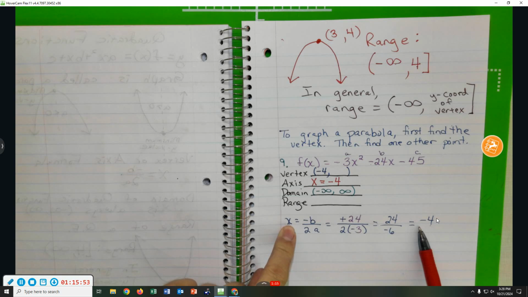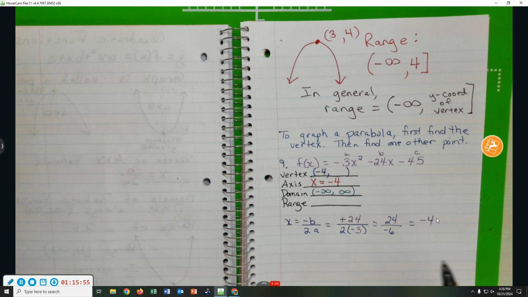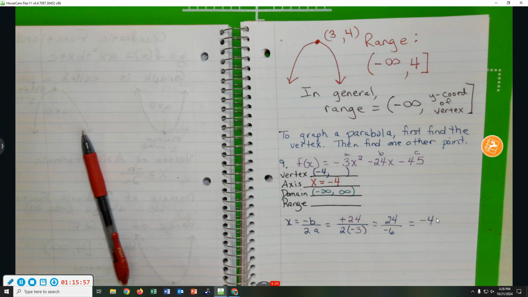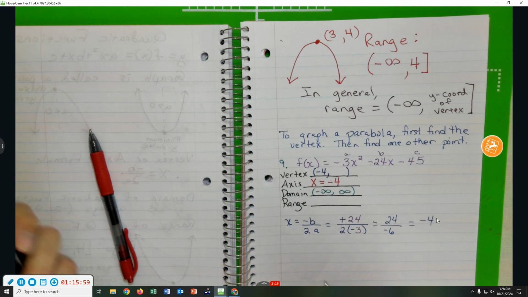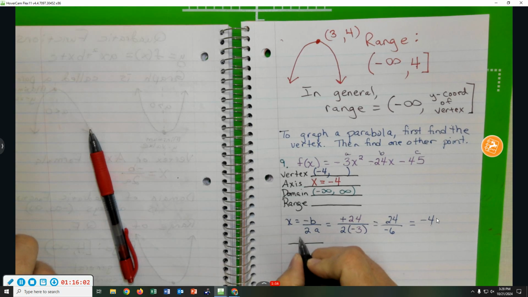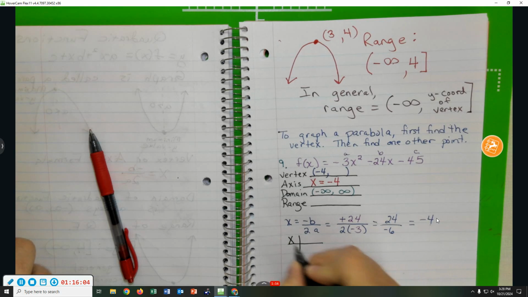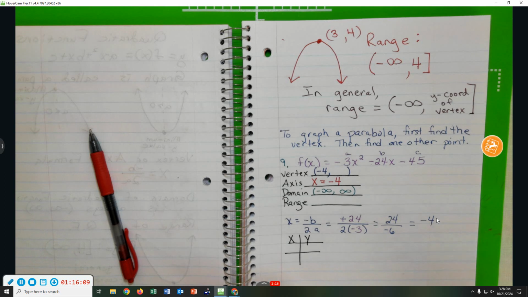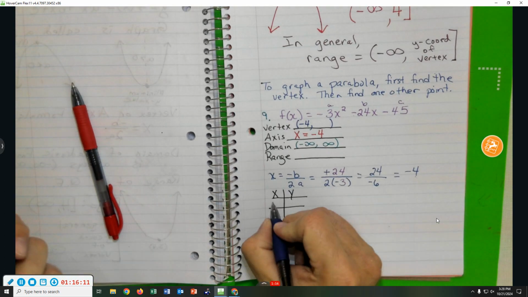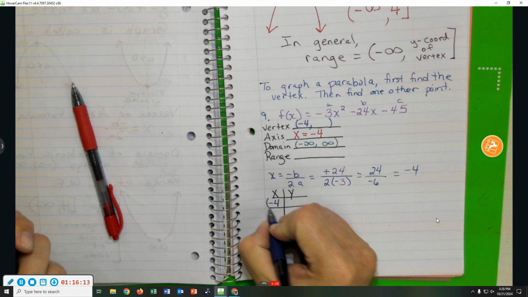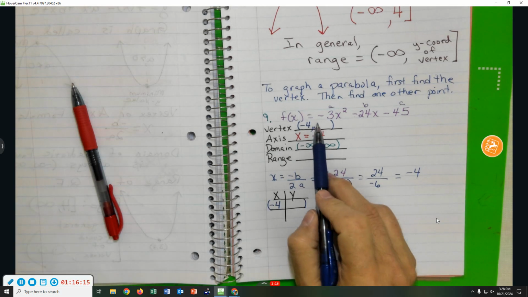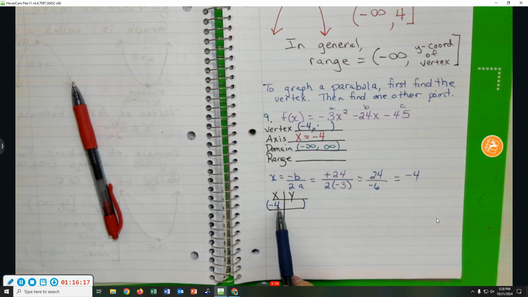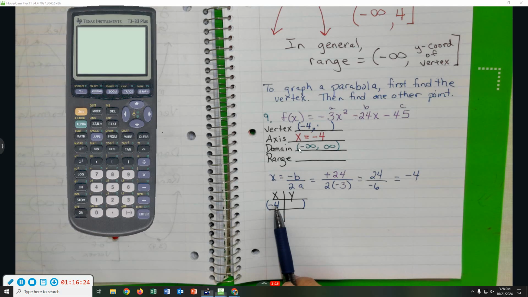I make a little table of values now. Plug in negative 4. X, Y. First thing there is that vertex. You've got to plug in negative 4. If you can pull up your calculator, you do it like that to show them.